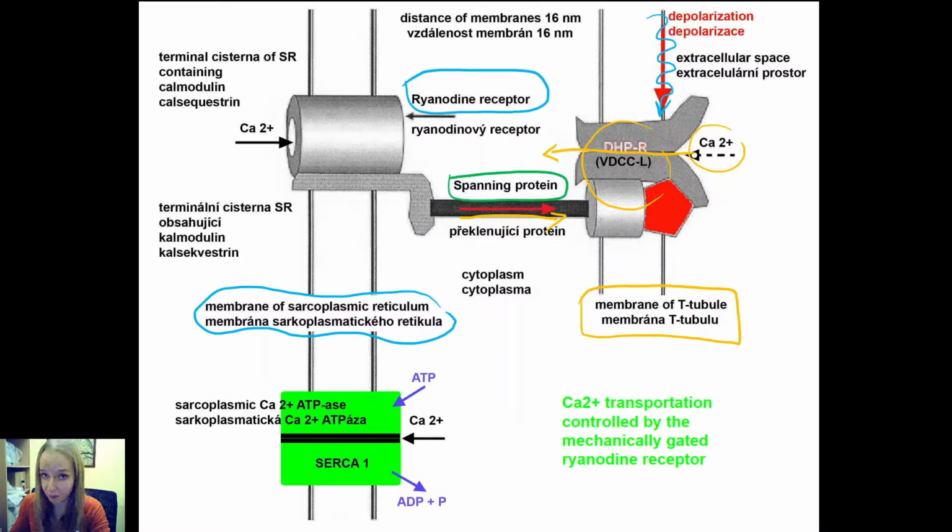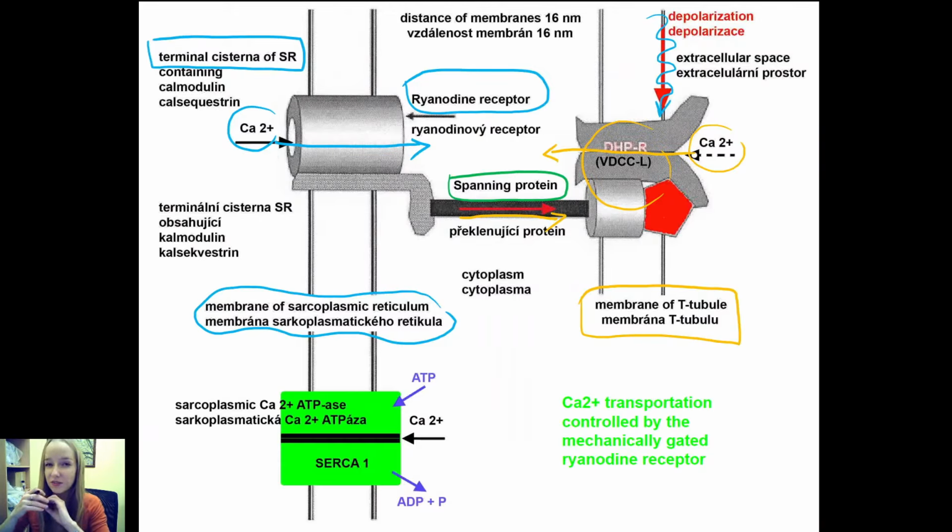And what will happen in that case? When the ryanodine receptor opens, the calcium in the sarcoplasmic reticulum, in the terminal cisterna of the sarcoplasmic reticulum here, will go to the cytoplasm of the muscle fiber.